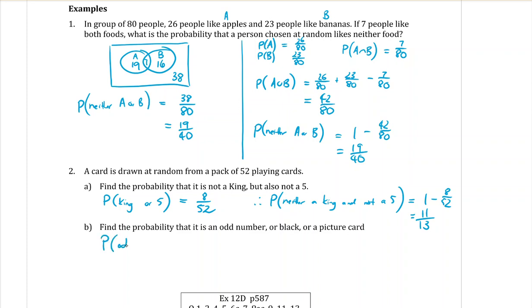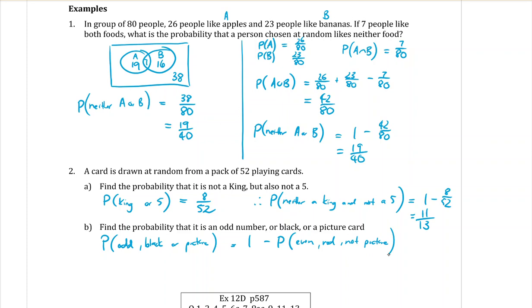So the probability of odd, black, or picture is going to be equal to 1 minus the opposite of that, which would be even, red, and not a picture. That might be easier to work out, because then I don't have to worry about which ones I'm counting twice. I just don't want any even, any red, and no pictures.